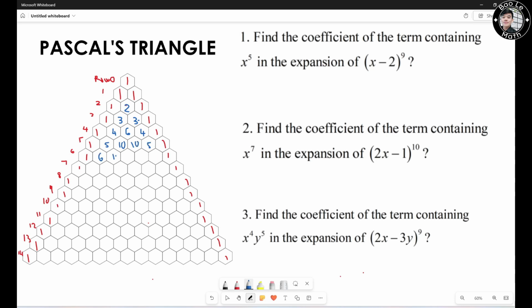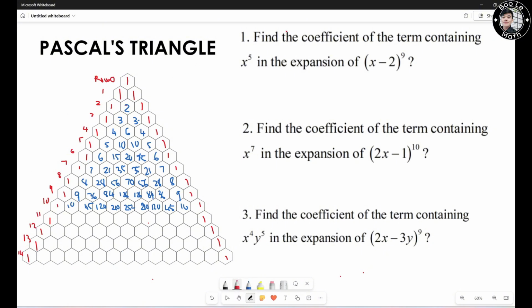This is 6, 15, 20, 15, 6, and so on, down to 10. Alright, so based on this instruction, you can complete a whole Pascal triangle, right?